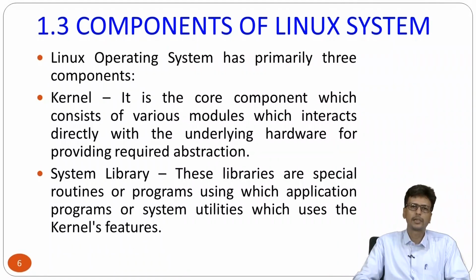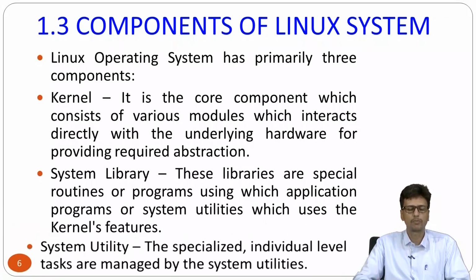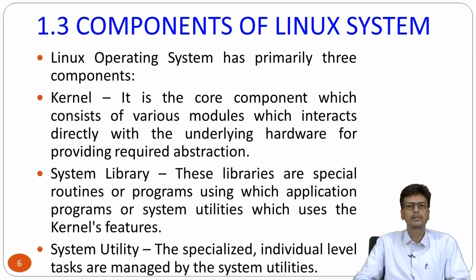You are already aware that in Windows you use many programming languages. If you want to use some features directly, you don't want to develop them from scratch, then you can directly import those features from the system. The same thing is here. By using the system library, you can import the features that are available from the kernel system. This is the second component. And the third component is the system utility.